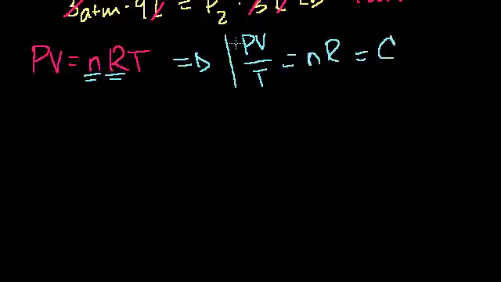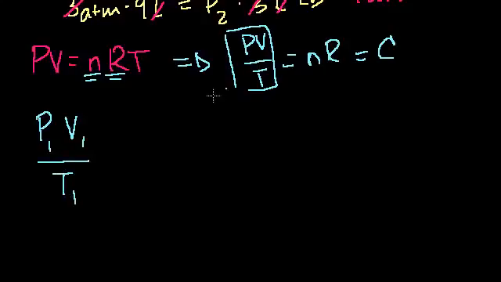This is going to be a constant number for any system where we're not changing the number of molecules in the container. So if initially we start with pressure 1, volume 1, and temperature 1, that's equal to this constant. And if we change any of them, to pressure 2, volume 2, temperature 2, they should still be equal to this constant. So they equal each other.